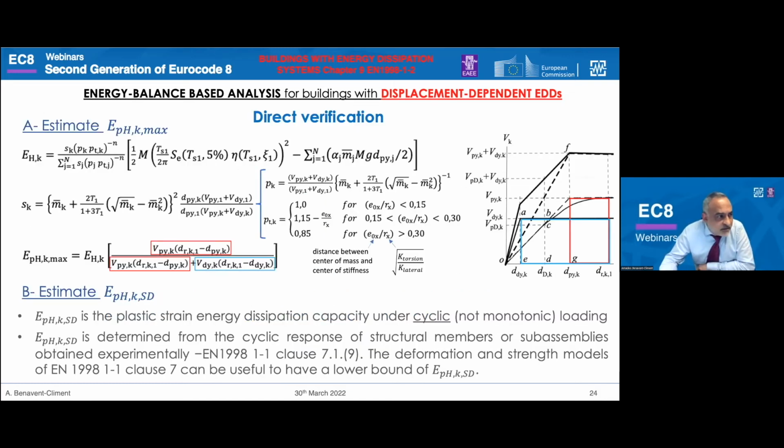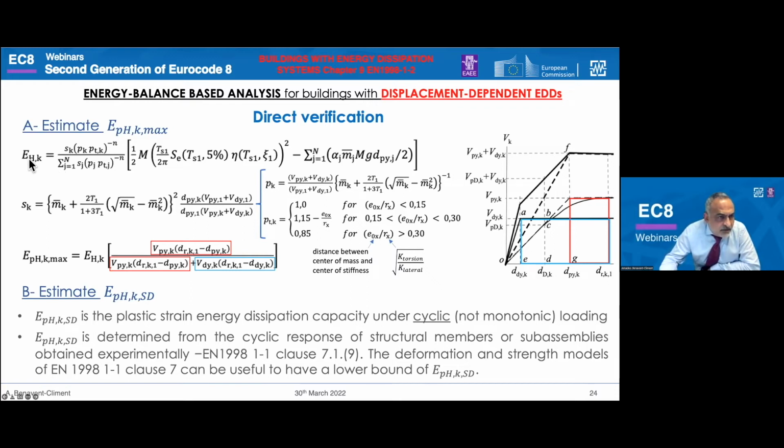So let's start with the direct verification that involves estimating the energy dissipation demand on the primary elements of the main structure of the K story, this value. This is done by using this formula that you have here, that were developed by Akiyama, and that are basically the same as those implemented in the current Japan building code.